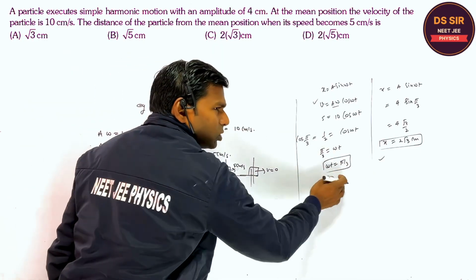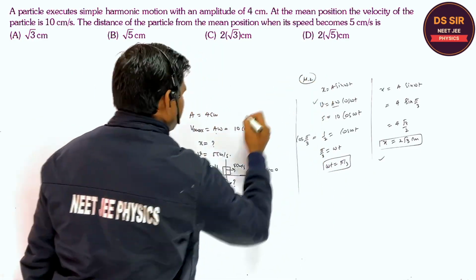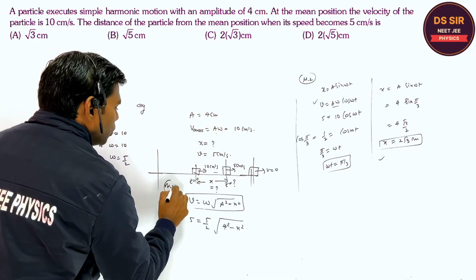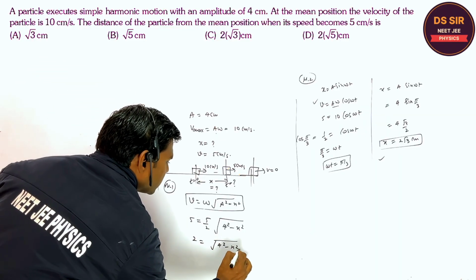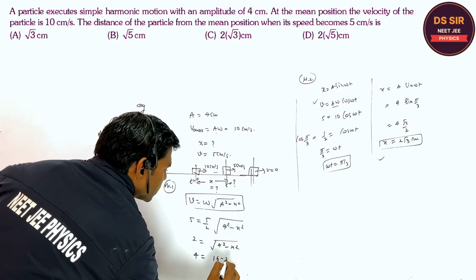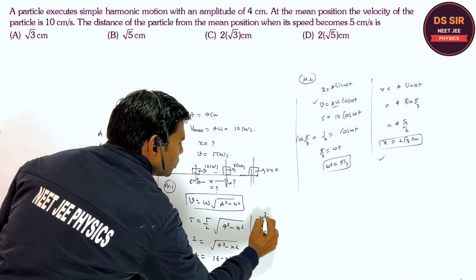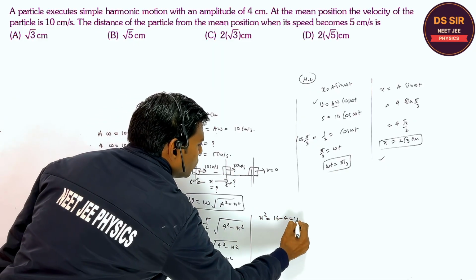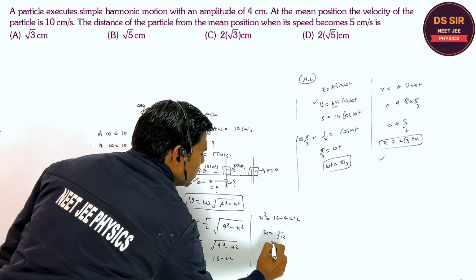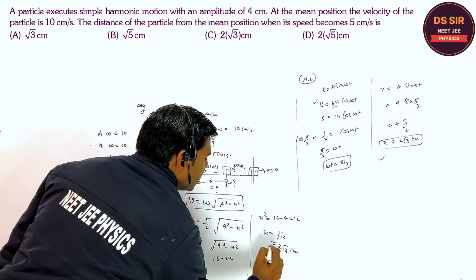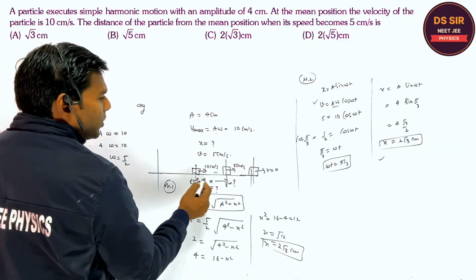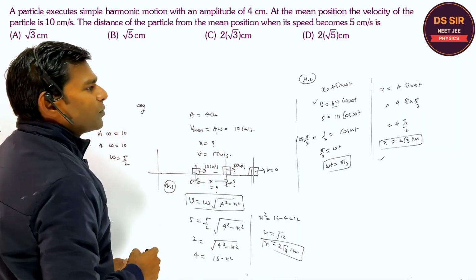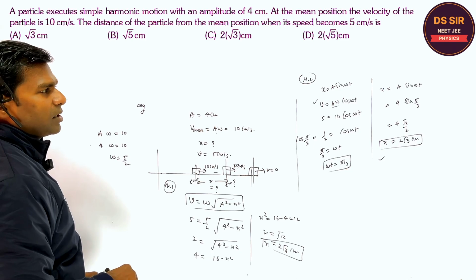This is method 2 you can write, and this is method 1 you can write. So 5 is equal to omega root over 4 square minus x square, 4 is equal to 16 minus x square. X square is equal to 16 minus 4 is equal to 12. X is equal to root 12 is equal to 2 root 3 centimeter. So this is the distance from the mean position where the velocity becomes 5 centimeter per second, right?